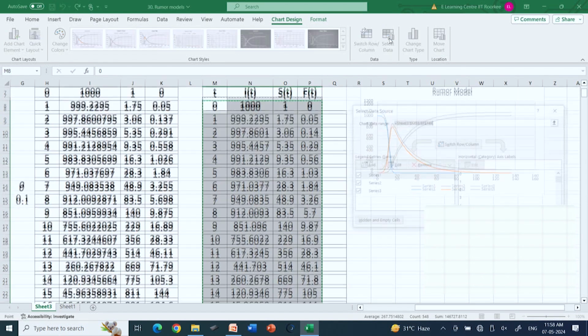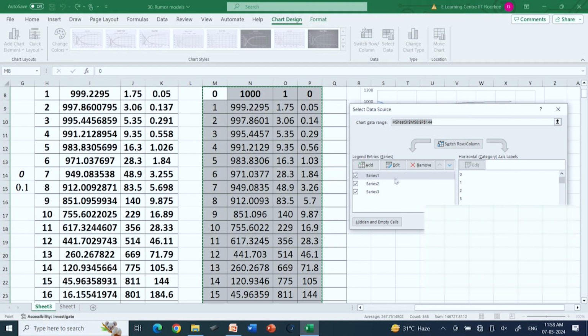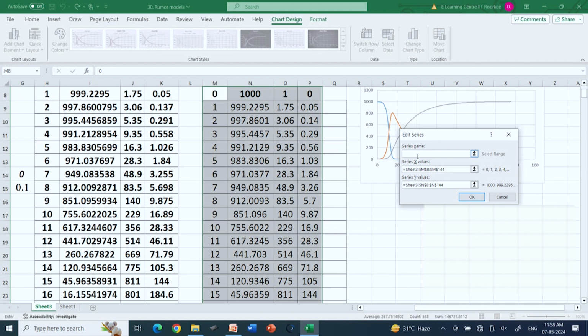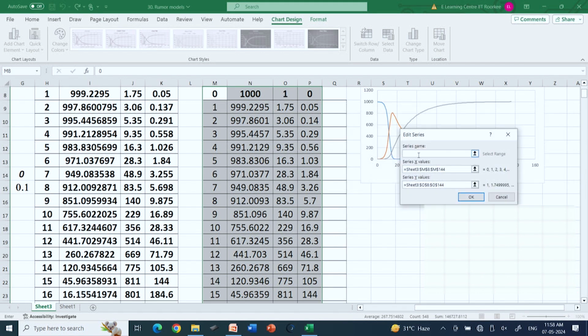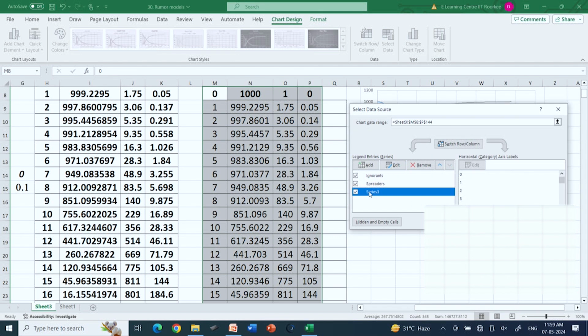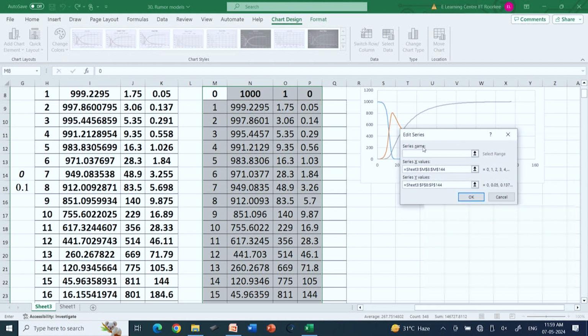For the series, select data, click the series, go to ignorants, go to edit, and this is ignorants. Next one, edit, spreaders, and the last one, edit, Stiflers.